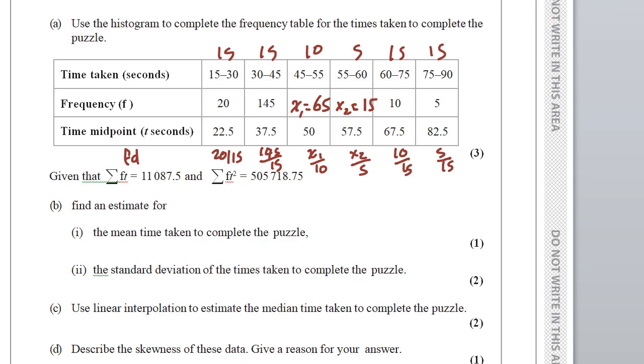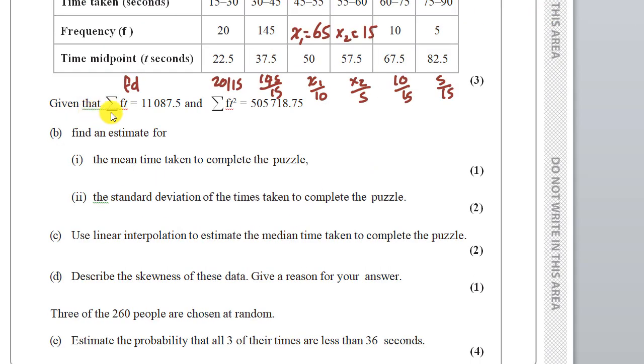Okay, let us go ahead to another one. Given that summation of ft is equal to this one and summation of ft squared is equal to this one, find the estimate for the mean time taken to complete the puzzle.